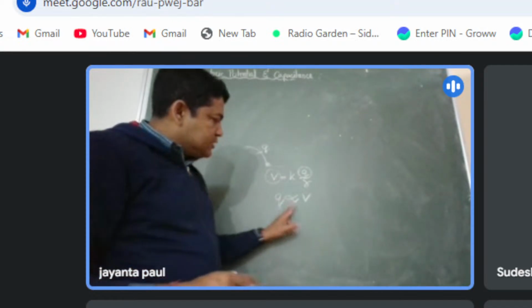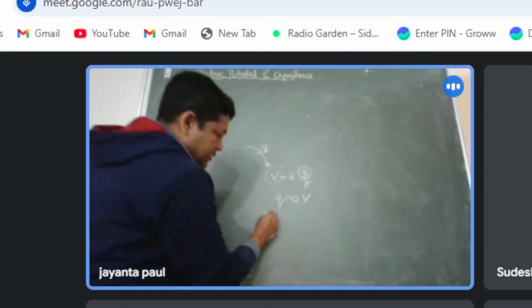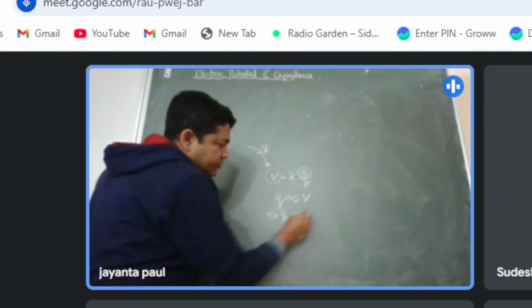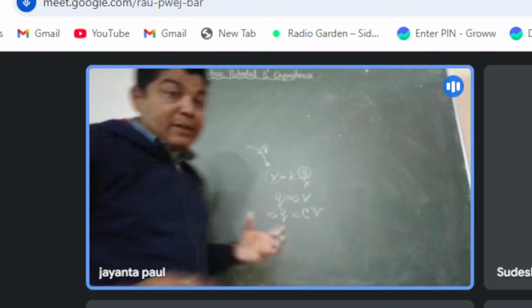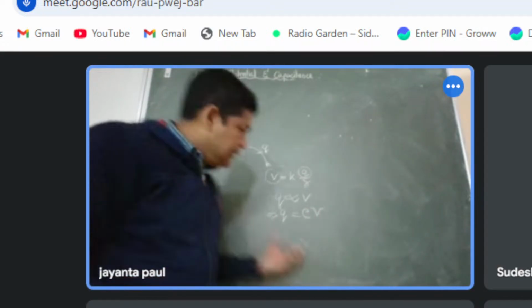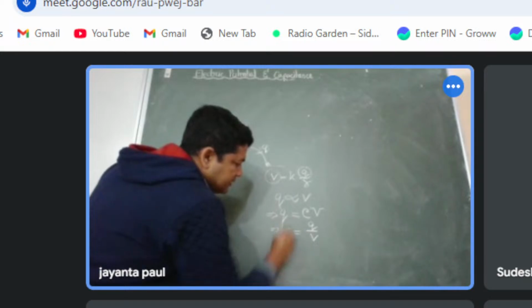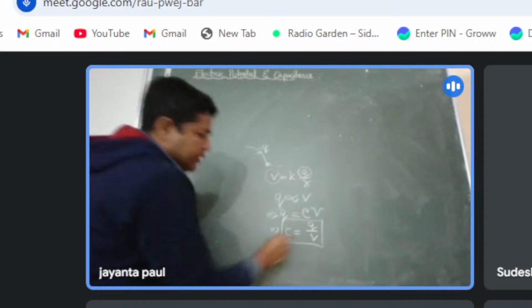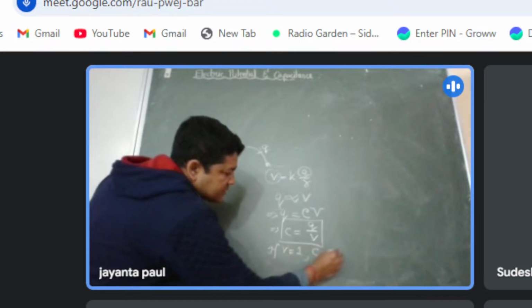So Q is proportional to V. Is it clear? Now Q can be written as a constant term C into V. That C is called the capacitance mathematically. So that means C is equal to Q divided by V. So if V is equal to 1, तो C becomes Q.